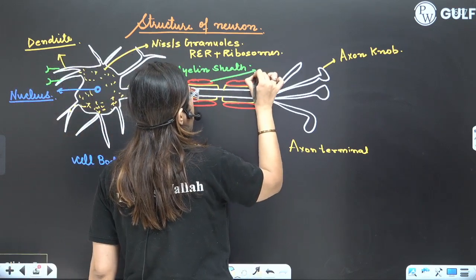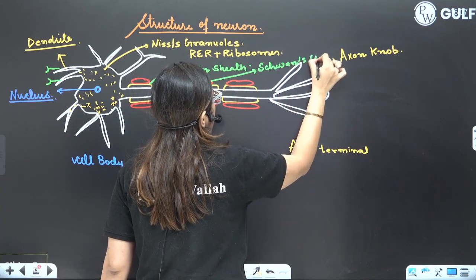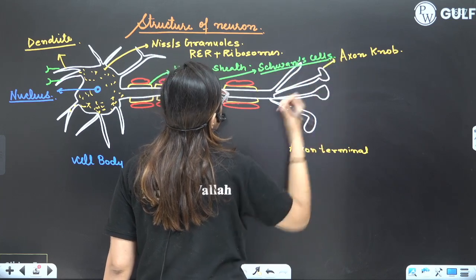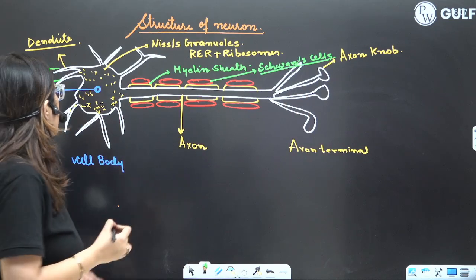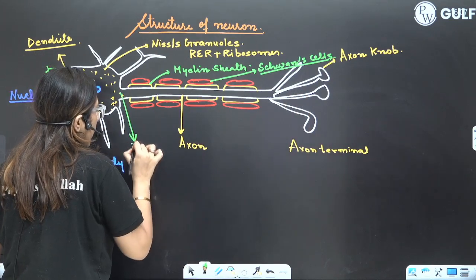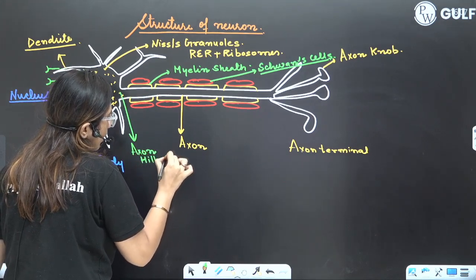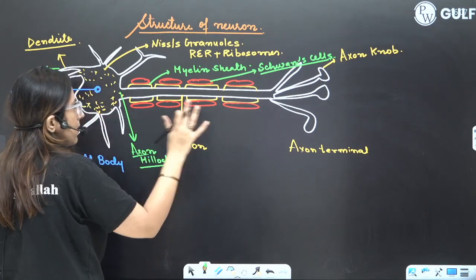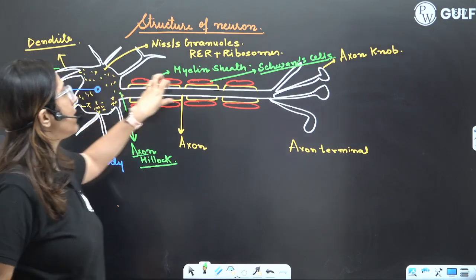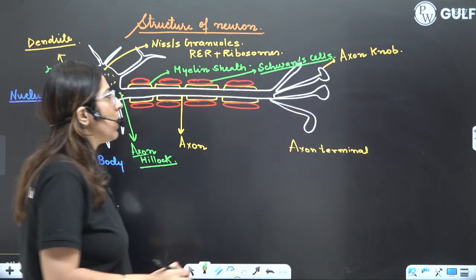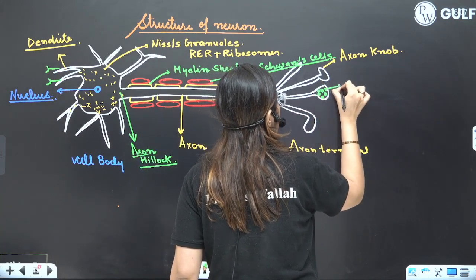These are the Schwann cells. In the case of the central nervous system, this is formed by the oligodendrocytes. Structure is clear. Now this is termed the axon hillock. Clear? Here they will sense the signal, the signal will be transmitted towards this direction, and here you will see the neurotransmitters are present in these vesicles.